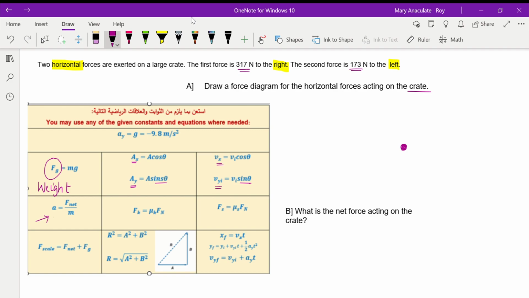So as I was explaining in the previous video, you have to think whether the forces are balanced or not. So here the forces are different. There are only two forces acting. They're acting opposite to each other. One is right and the other one is left, and they are not equal.